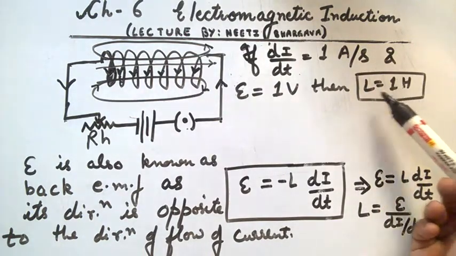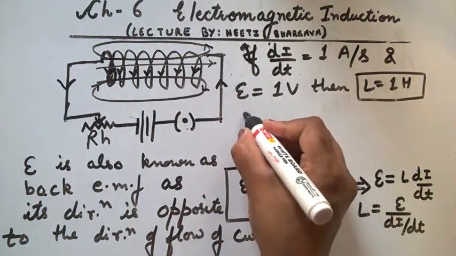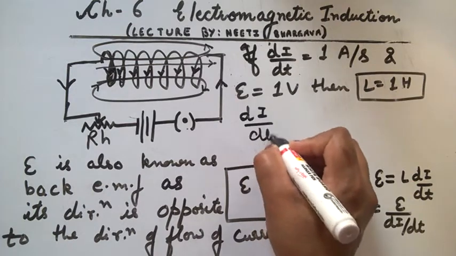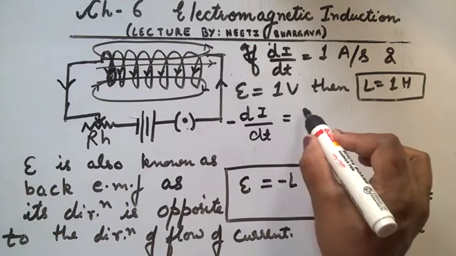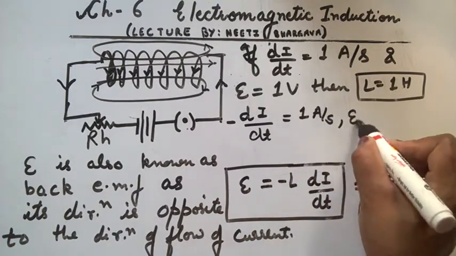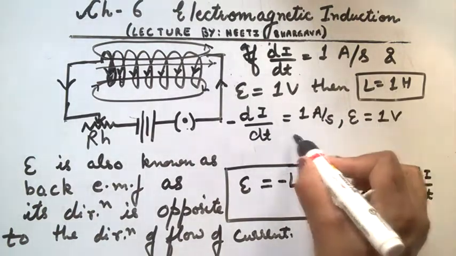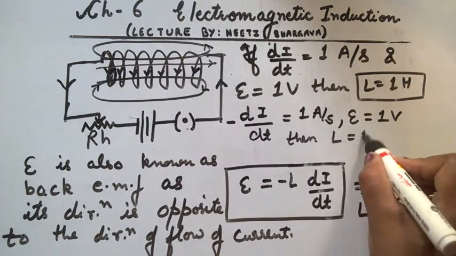And when the key is off, the current is decreasing with time, that is, minus di by dt is equal to 1 ampere per second, and the self-induced EMF is equal to 1 volt, then self-inductance is equal to 1 Henry.